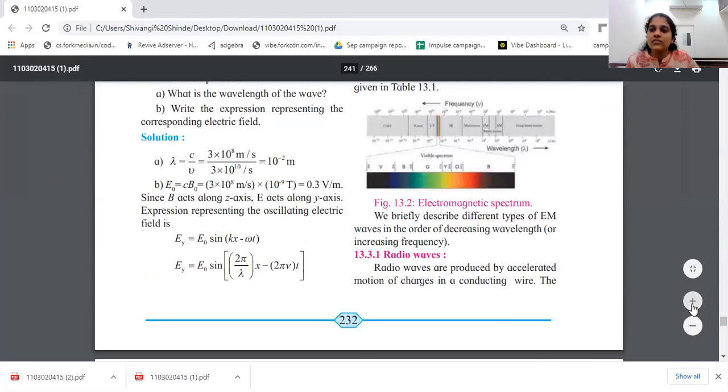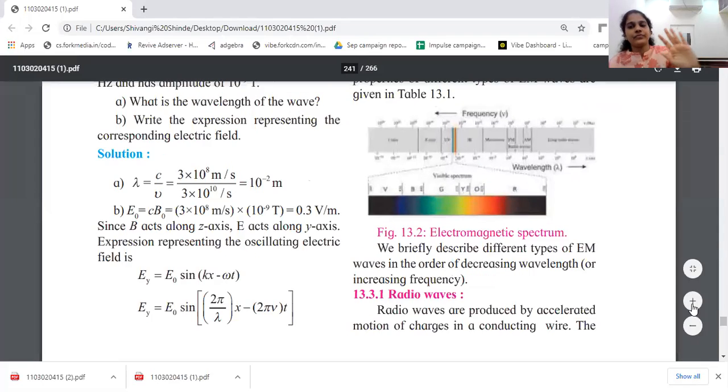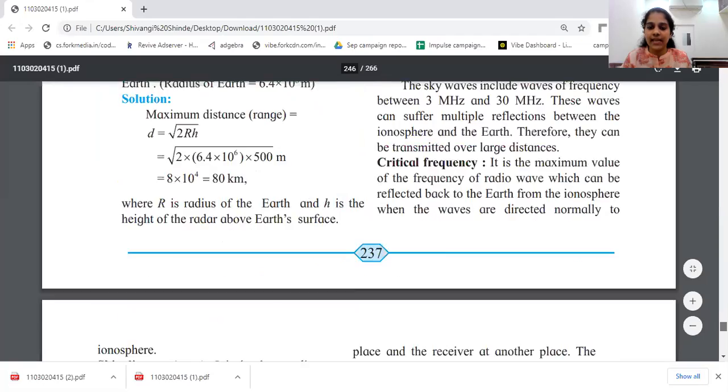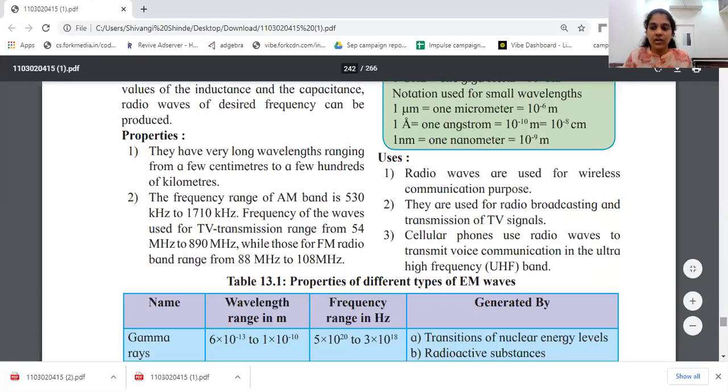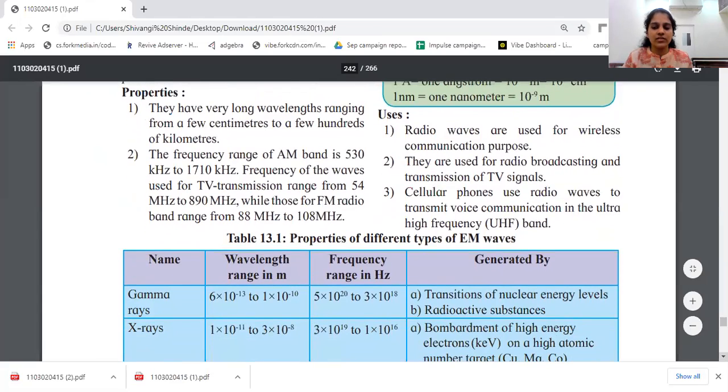Okay, fine. So now, as I said, your EM waves that are there, we have discussed this at the beginning. There are a lot many applications for EM waves. So there is a starting frequency, there is an ending frequency. In fact, last time I showed you all this blue table.